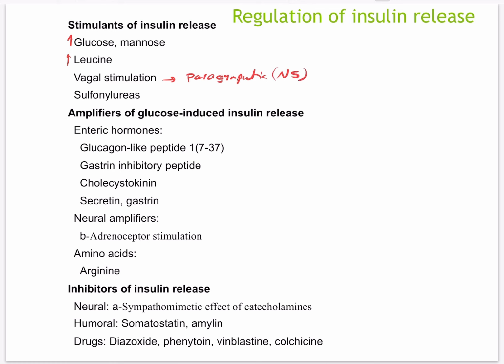Okay, it can be caused by the sulfonylureas, which is important. This can cause stimulation of insulin release. It is a drug. I will speak about it later.